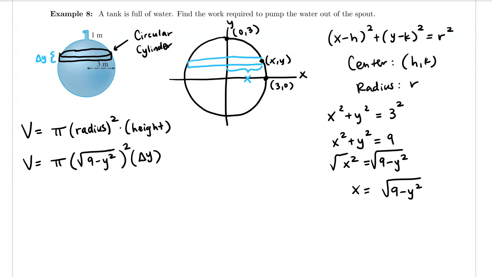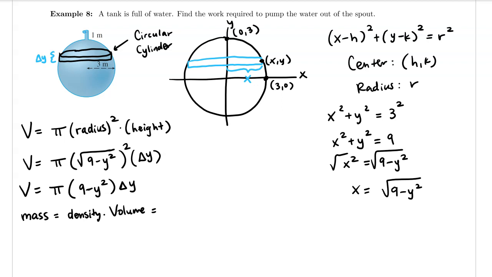And if I simplified this, we get volume equals pi times the square root, and the squared would undo each other, and then times delta y. Okay, so we might remember from earlier that mass is equal to the density times the volume.